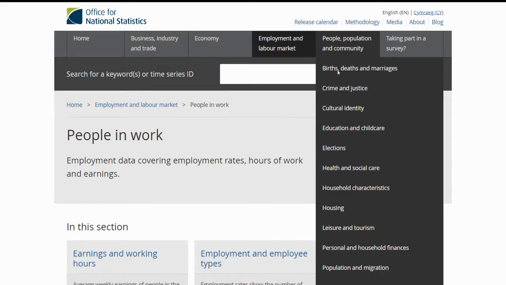So, crime and justice, so how many criminals, ex-criminals there are. Cultural identity, so that's people's faith, background, beliefs.